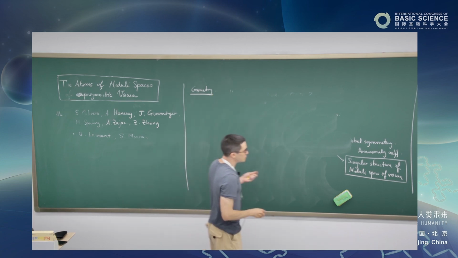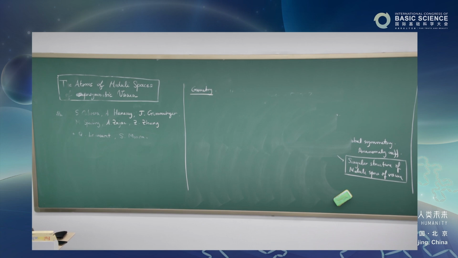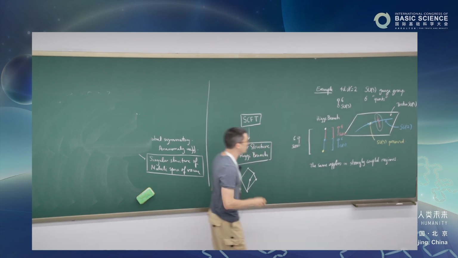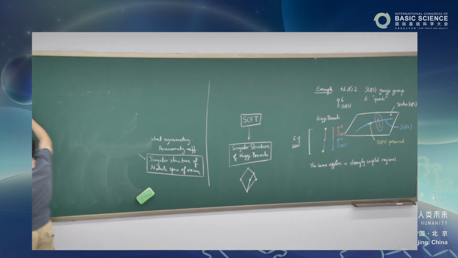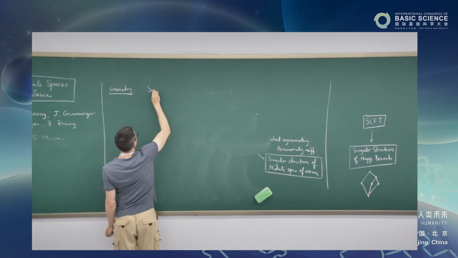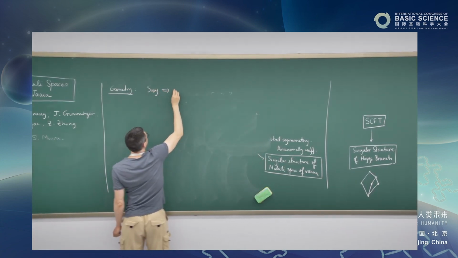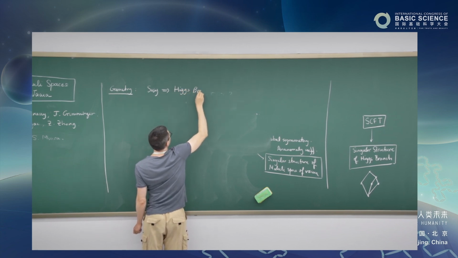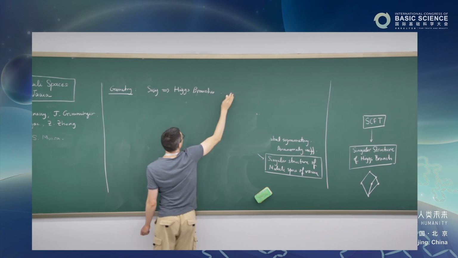The goal is to replace those things which, as I said, are non-intrinsic descriptions by really just saying what is the geometry of those singularities. So there is a general consequence of supersymmetry, which implies that Higgs branches are hyperkähler.